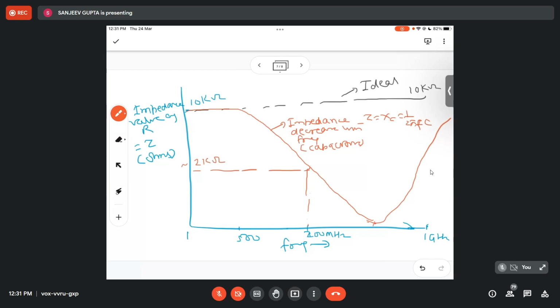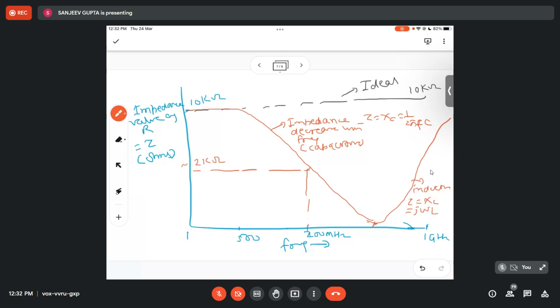But after a certain frequency, the inductive effect becomes more dominating. Inductive means positive sign, that means Z is equal to XL, which is j omega L. So it increases with the frequency. If my impedance is increasing with the frequency, it is inductive. If it is decreasing with the frequency, it's capacitive. If both are the same, then it becomes resonance. So at resonance, we'll get it.